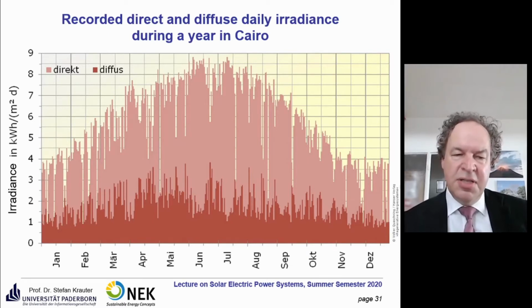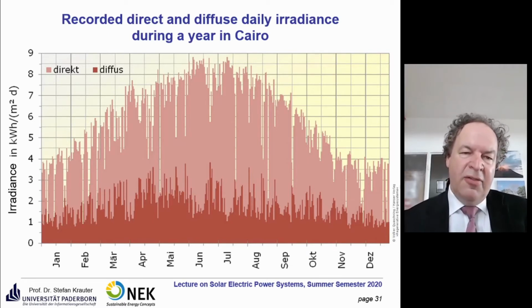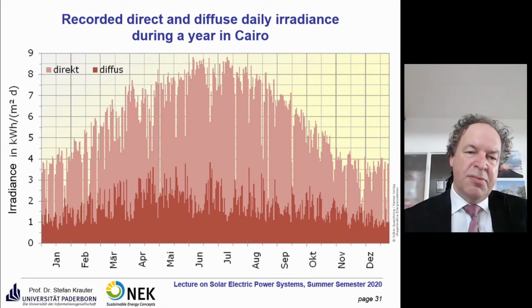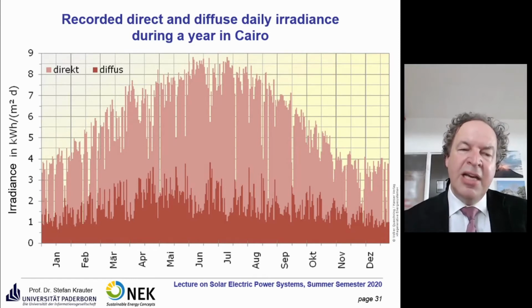First, here we see some examples for Cairo, the relation between direct irradiance, the light red part here, and the diffuse irradiance. You see here the best situation is, because it's in the northern hemisphere, in June, July. We have a daily irradiance of about 8.5 to sometimes almost 9 kilowatt hours per square meter per day.